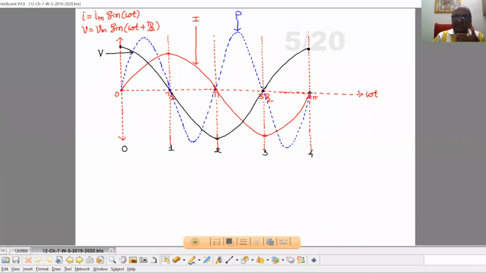Clear? So in this way, during this entire cycle, 0 to capital T time, the magnetization of inductor and demagnetization of inductor continue. And due to this particular reason, the average power comes to 0.